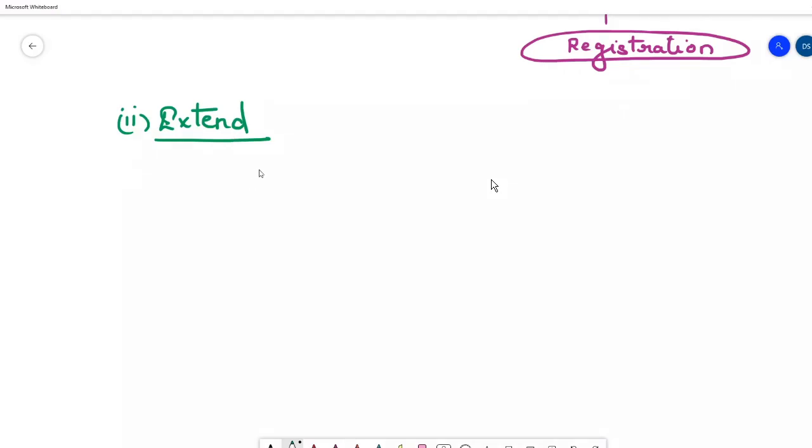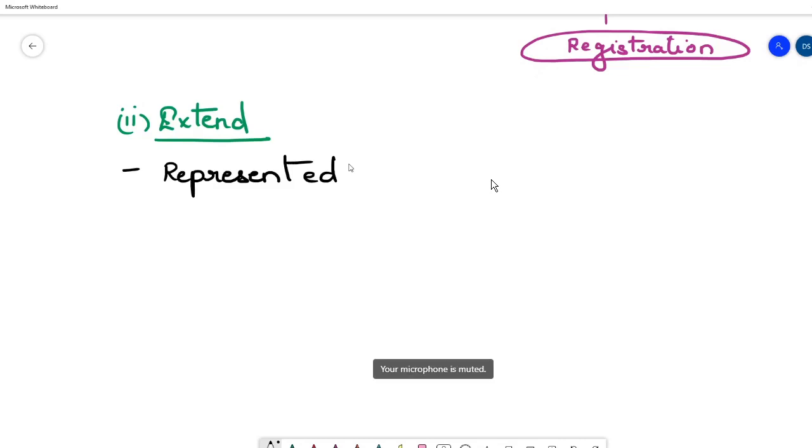It is also represented with dotted lines or broken lines.